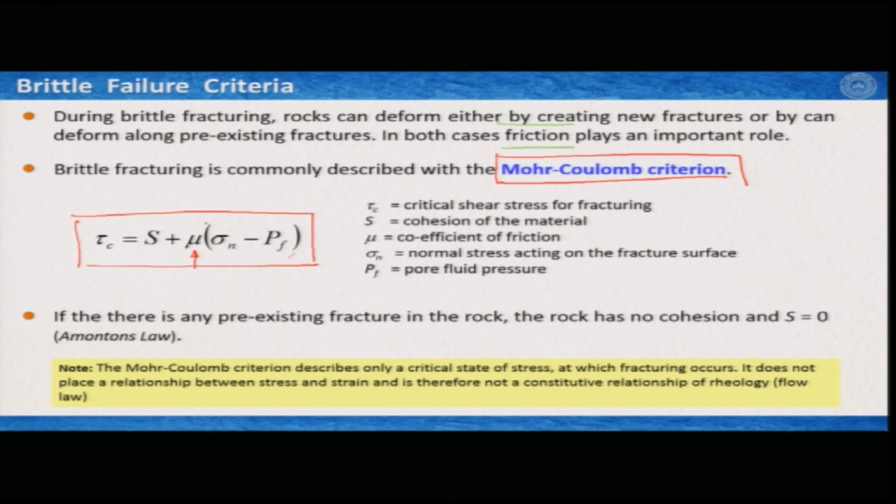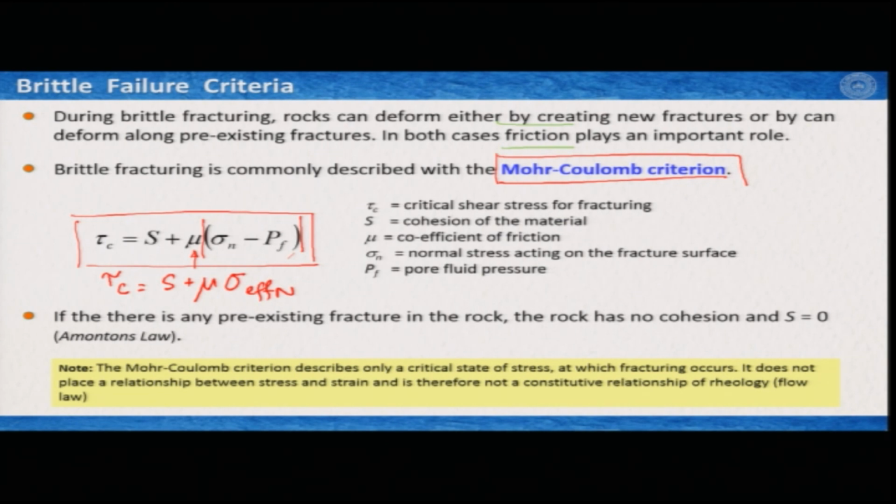So, eventually this sigma n minus Pf gives you the effective normal stress. So, you can write it as tau c equal to S plus mu sigma effective normal, which is equal to sigma normal minus pore fluid pressure.